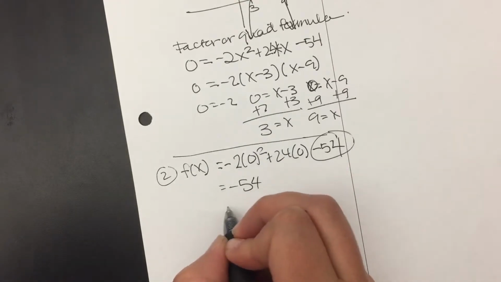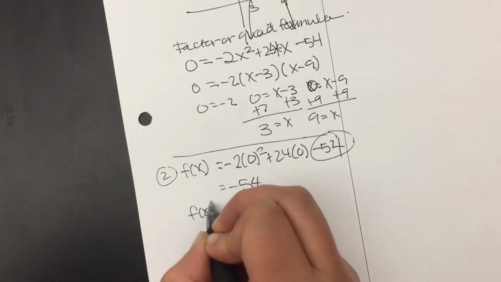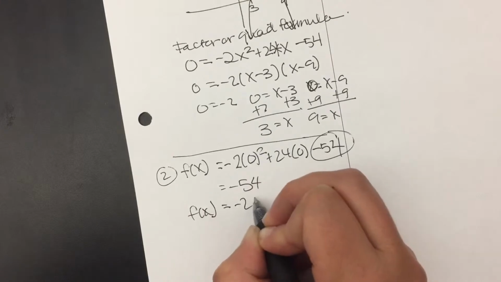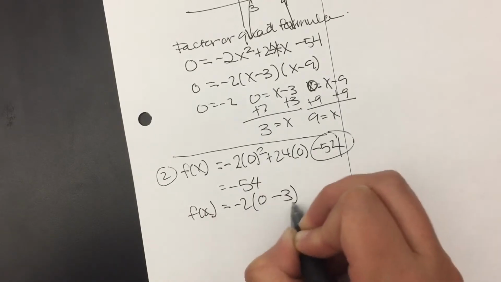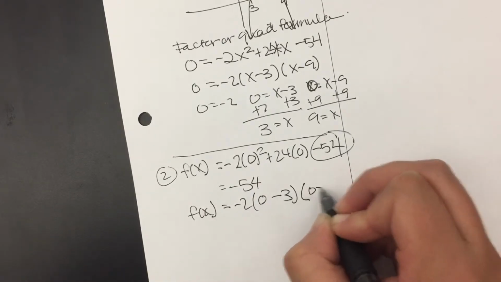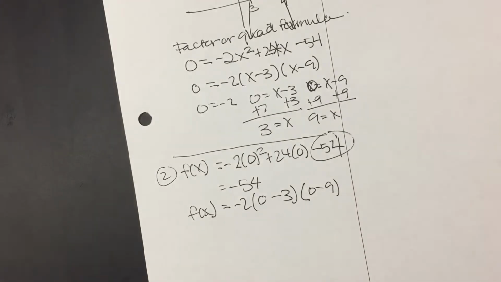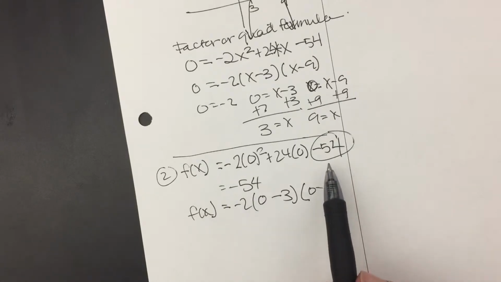But if I were to do this one, I plug in 0, here I would still have to do math. Like I don't see the answer, which is 54, in my value here. I would have to go, oh, that's negative 3, negative 2 times negative 3 is positive 6. Oh, that's negative 9, positive 6 times negative 9 gives negative 54.